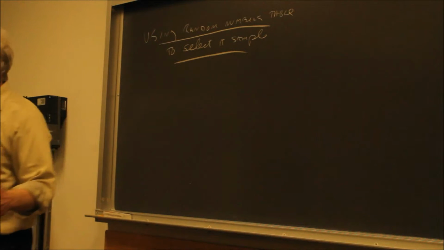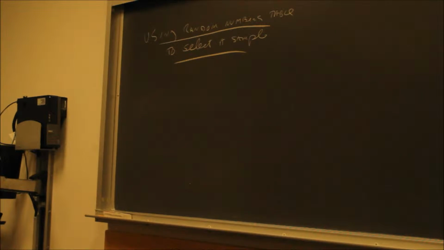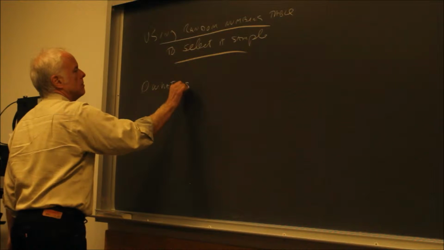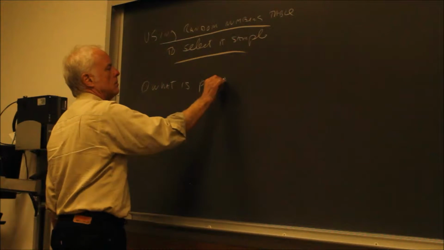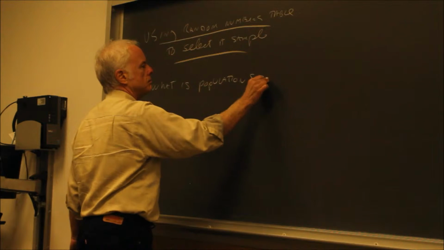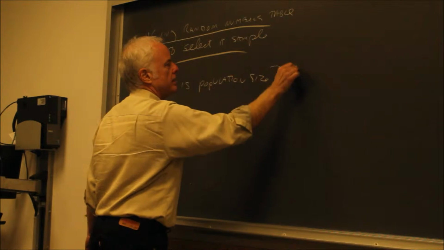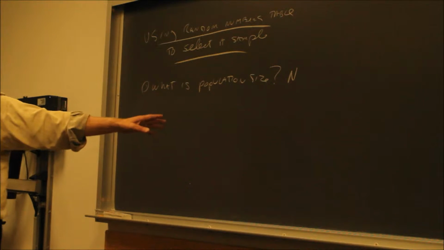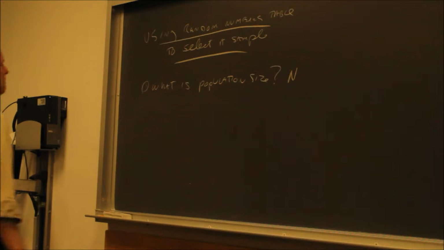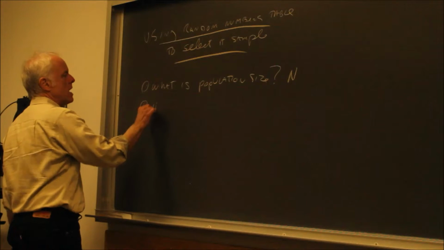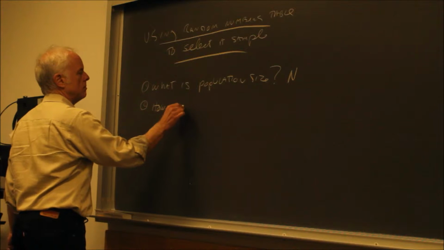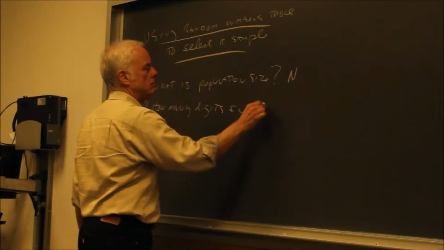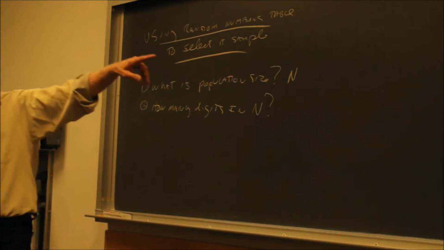Well, the first thing you have to know in order to use this table is the population size. And remember, we designate the population size by n. Okay? The second thing you do is you say how many digits are in n.